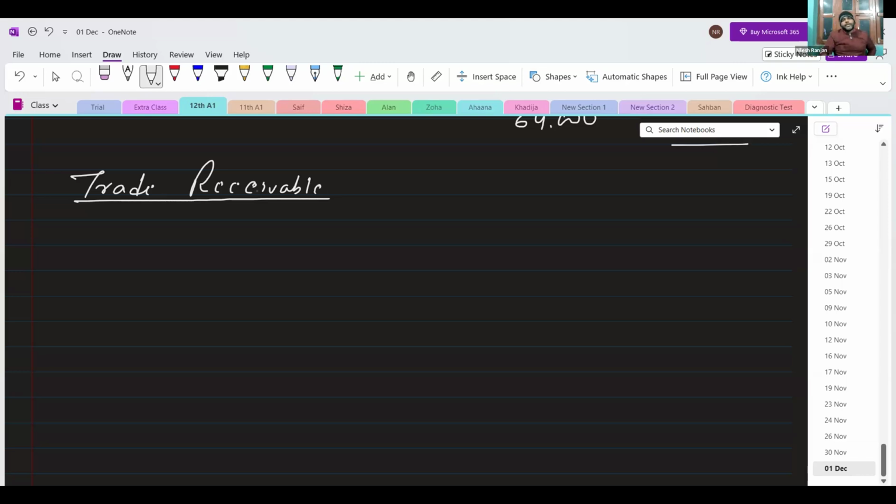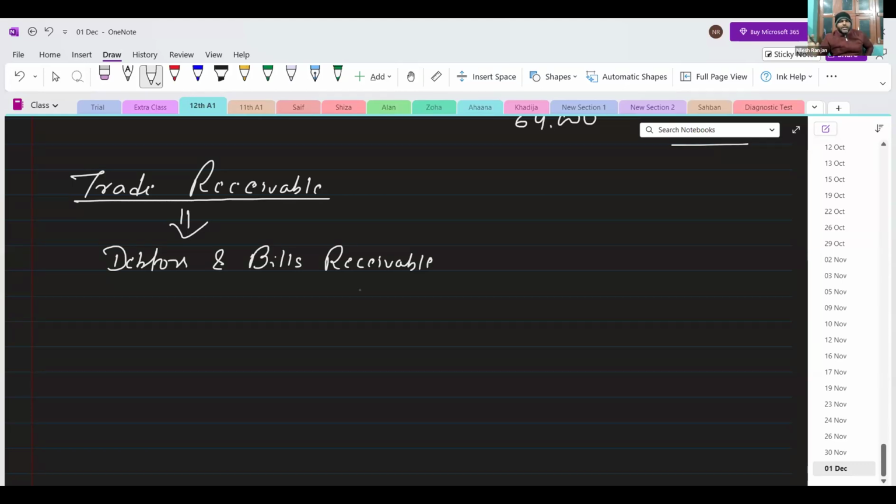Trade receivable means the amount which is receivable from debtors and bills receivable. Debtors are the persons to whom we have sold goods on credit basis, and bills receivable is also related to that person: they are not paying cash, but have given the bills, saying they will pay the money in future.